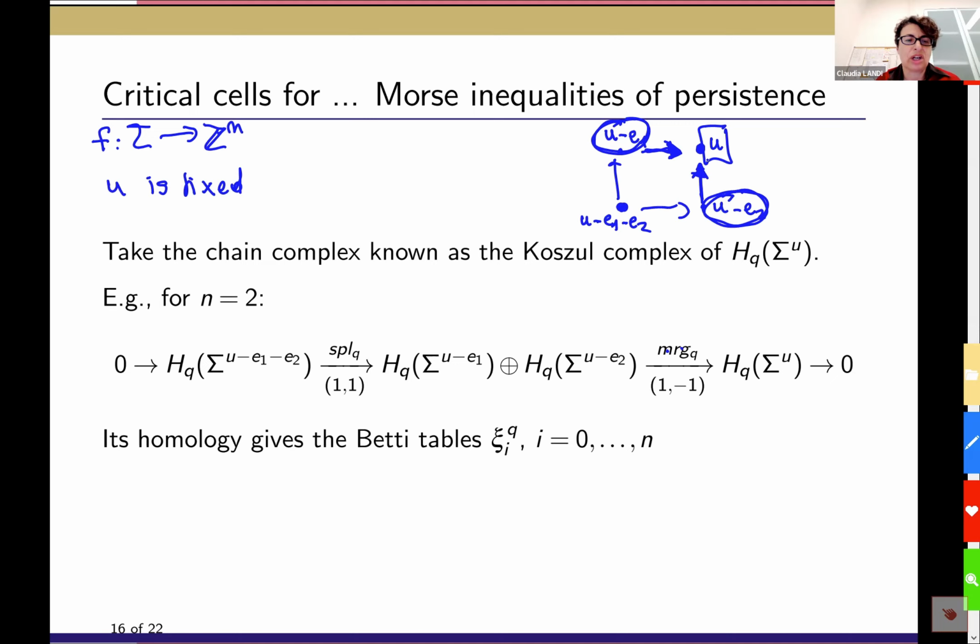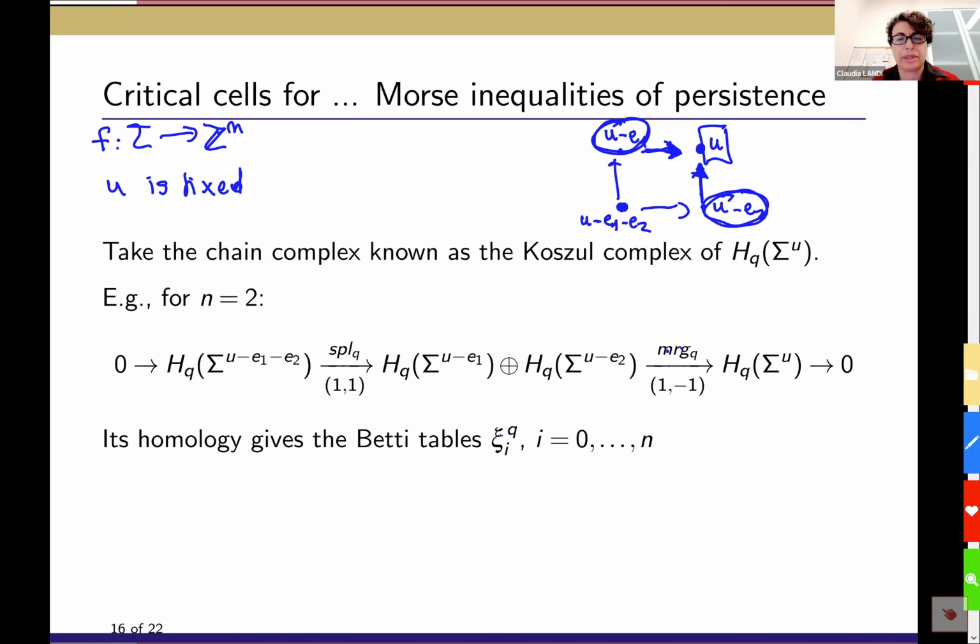And because it is a chain complex, we can take its homology, and the dimensions of its homology are called the Betti tables.